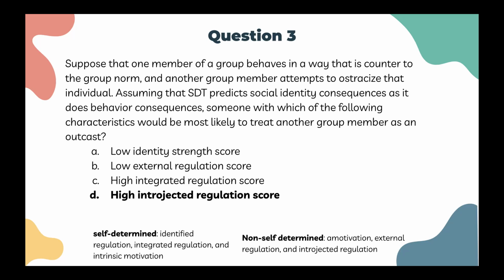So choice B, external regulation, is a non-self-determined motivation type. Since this person is displaying a negative behavior, they are likely to have a high external regulation score, not a low external regulation score. I see. Thank you.